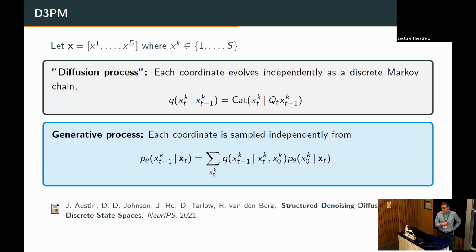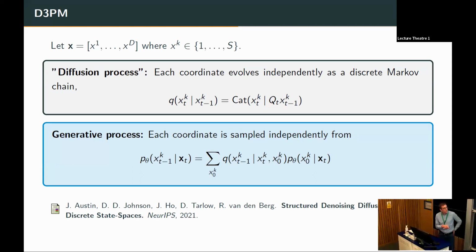And based on this destructive process, our generative process, which tries to reverse this, can be constructed, for instance, in this way, where we sample each coordinate of this vector independently. Similarly to before, we have a neural network which tries to reconstruct the noise-free sample from a noisy one.